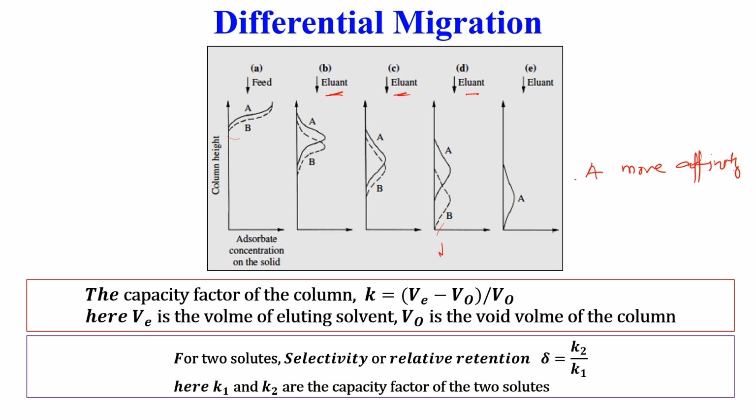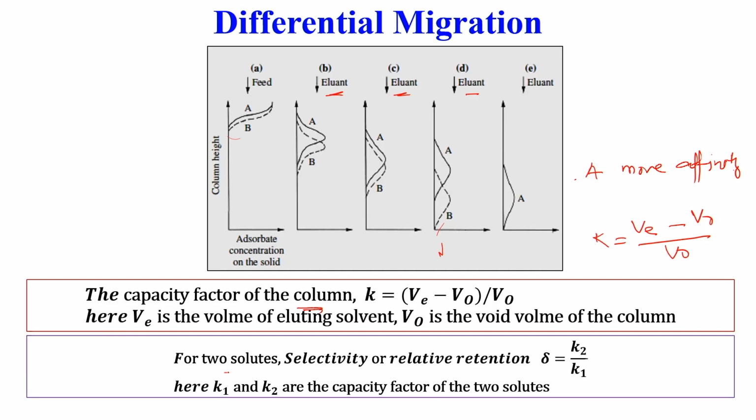So, we can also calculate the capacity factor of a column, which is defined as K equals VE, the volume of the eluting solvent, minus V0, the void volume of the column, because this solvent can also go into those void volumes, divided by V0. It says what is the capacity factor of the column.